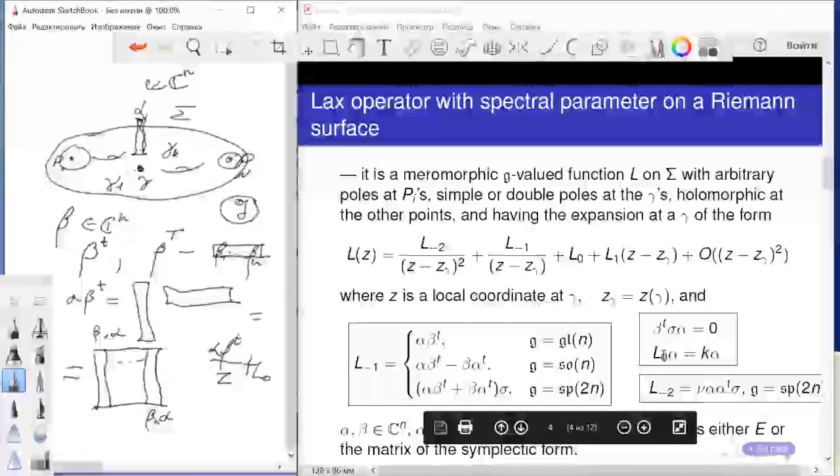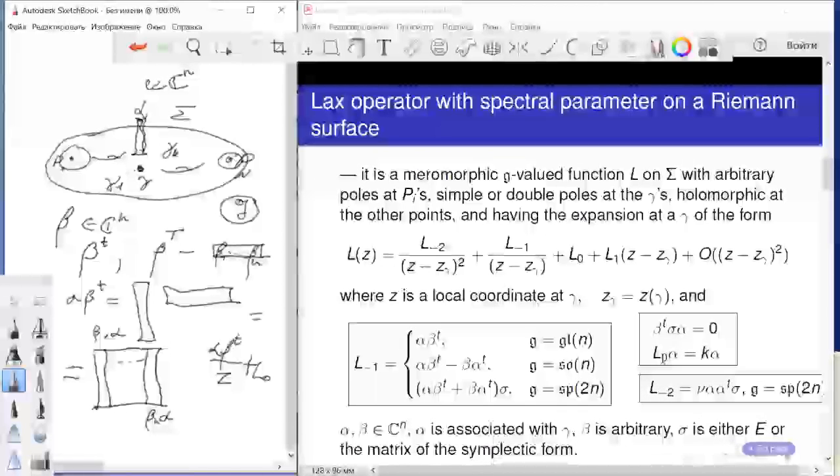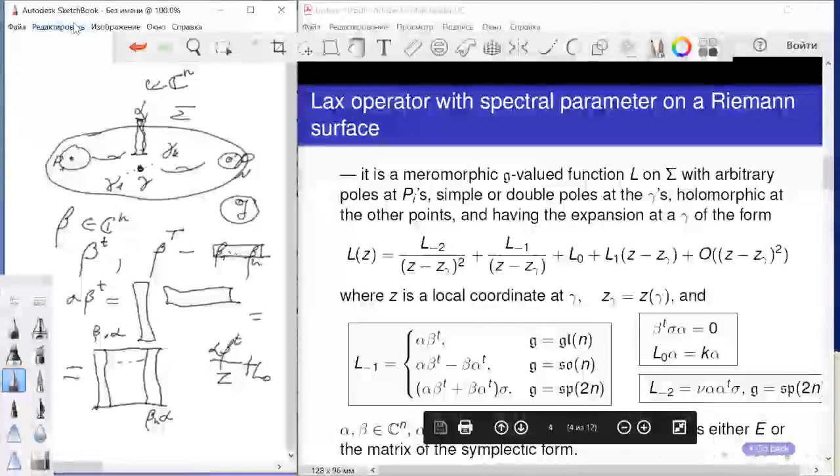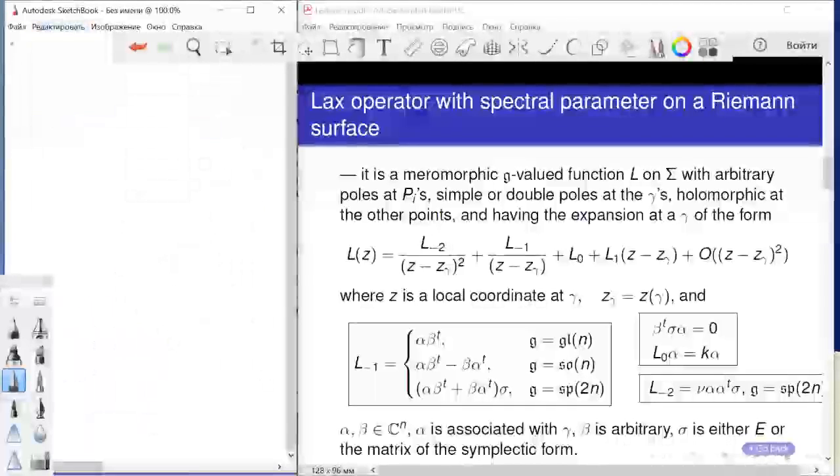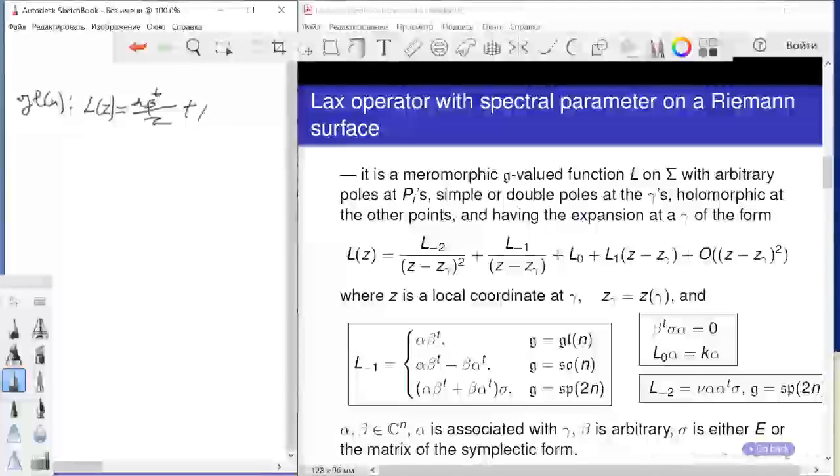We only require in all cases that L0 has alpha as an eigenvector with some eigenvalue kappa. So for GLN, plus something of order z.